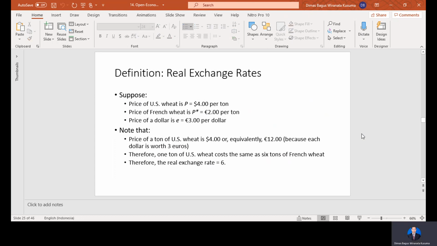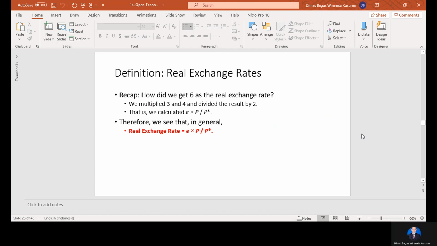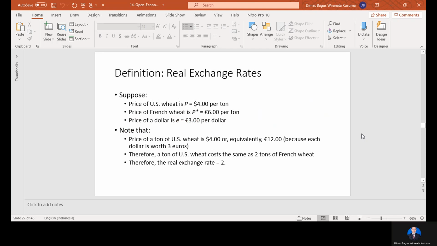So it means that the price of wheat in the US is 6 times more expensive compared to the price of wheat in France. So, on to the formula.